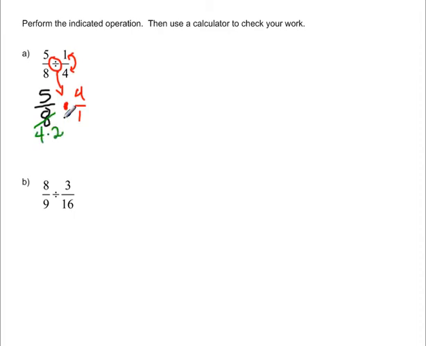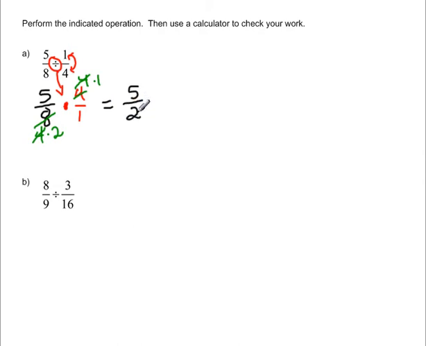So we're going to rewrite 8 as 4 times 2, and we'll rewrite 4 as 4 times 1. Then we see the 4/4, that becomes 1, so those are going to cancel out. And that's going to give us our final answer when we multiply what's left straight across. 5 times 1 is 5, and in my denominator, 2 times 1 is 2.